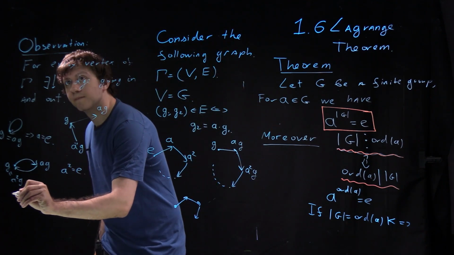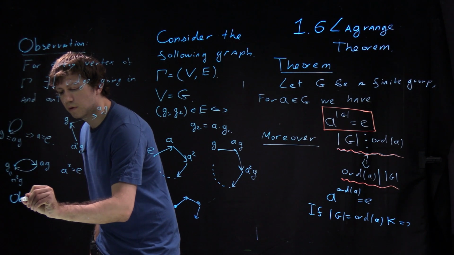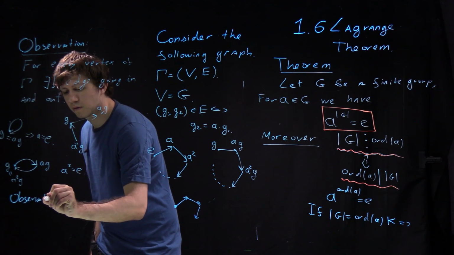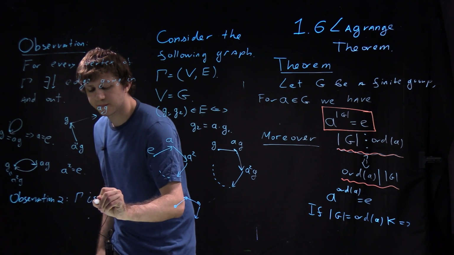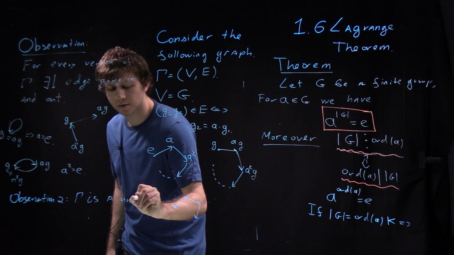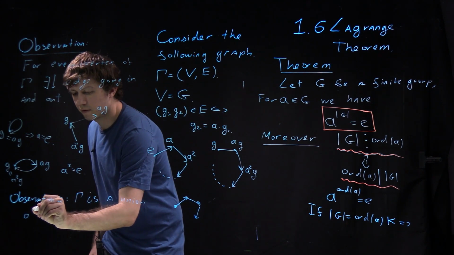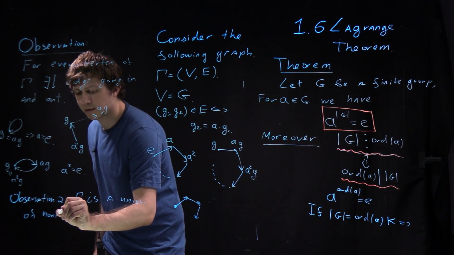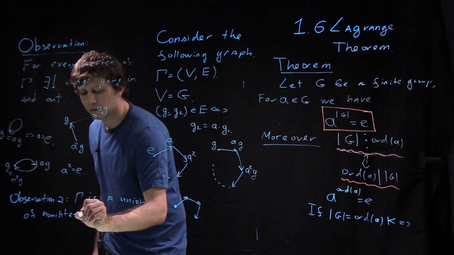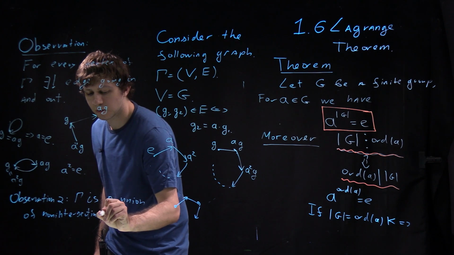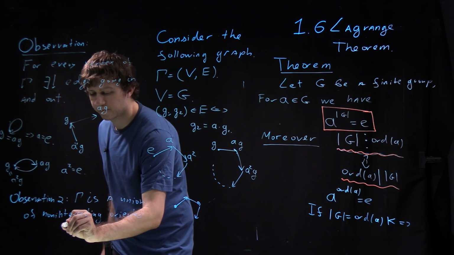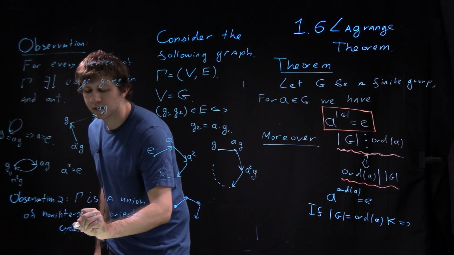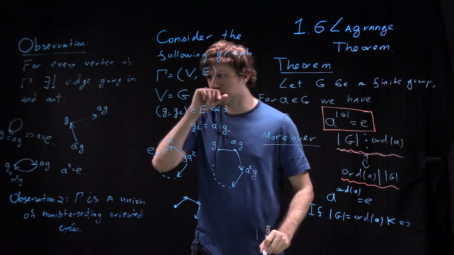Observation 2 is that gamma is a union of non-intersecting oriented cycles. Again, I'm using some definitions from graph theory, which intuitively are clear.